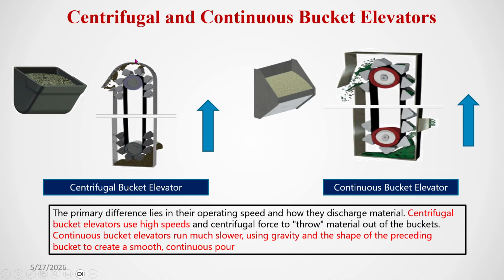It can be of two types: centrifugal or continuous bucket. This is the centrifugal one. The centrifugal bucket speed is high when the bucket comes up and goes downward.